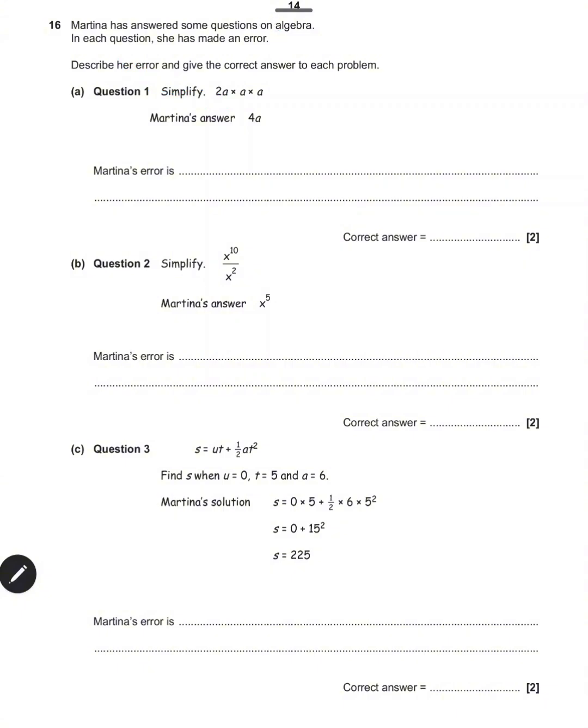Question 16, my mate Martina's had a nightmare on this page. She's done a load of algebra, done it all wrong. First question, 2a times a times a is not 4a, it's 2a cubed. A times a times a is a cubed, and then the 2 at the front. Her error, she added when she should have multiplied.